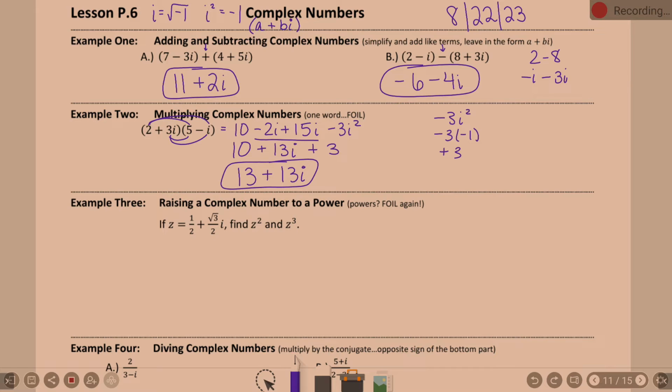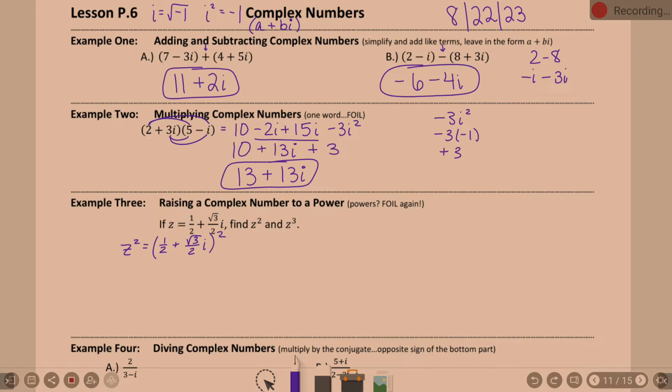I'm going to start with z squared. How do we find z squared? It's 1/2 plus square root of 3 over 2 times i, and we're going to square that whole piece.